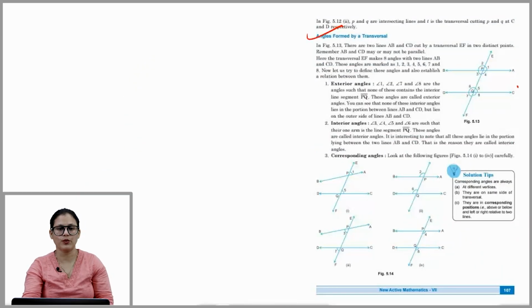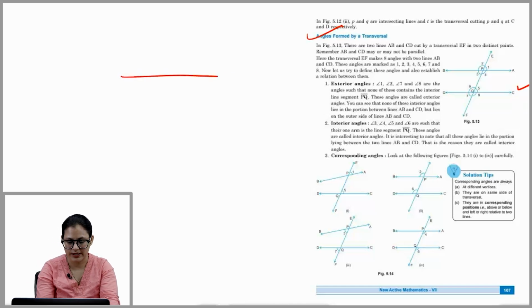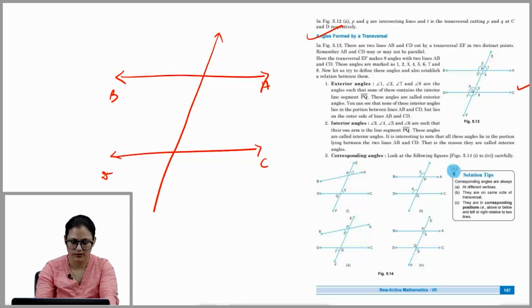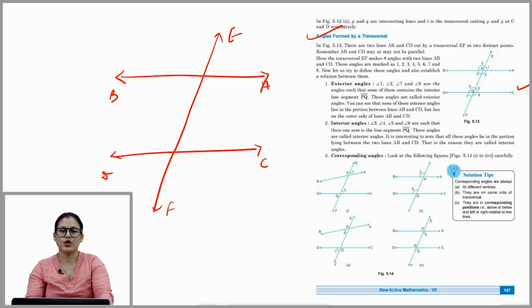Next, angles formed by a transversal. In figure 5.13, there are two lines AB and CD, okay? See, this is AB and this is CD, and there is a transversal EF in two distinct points. Remember, AB and CD may or may not be parallel.